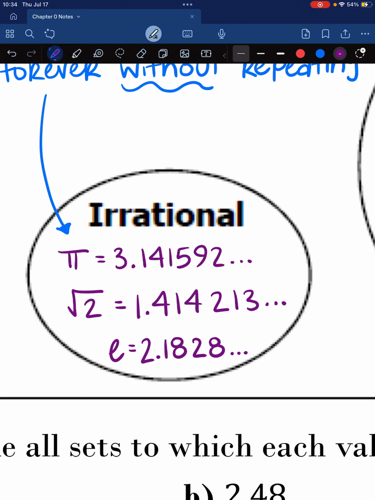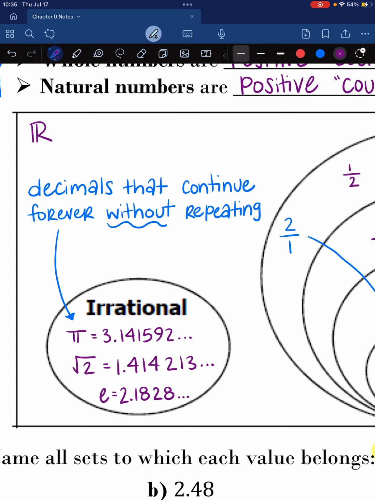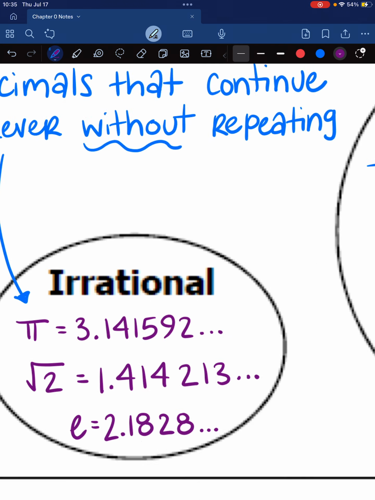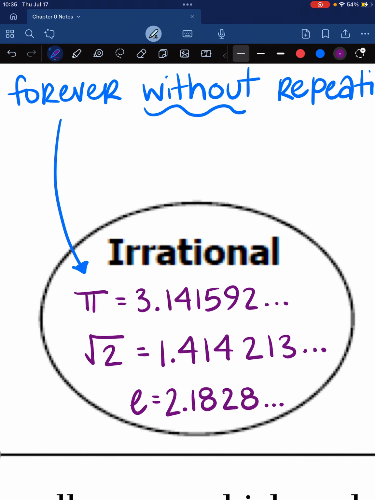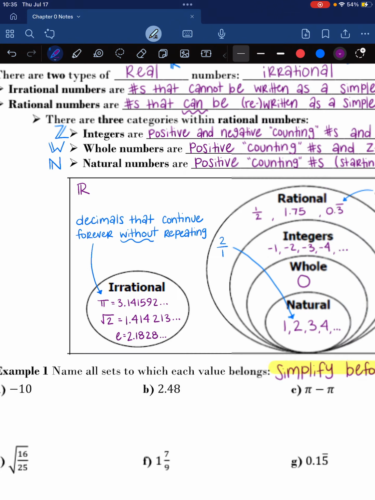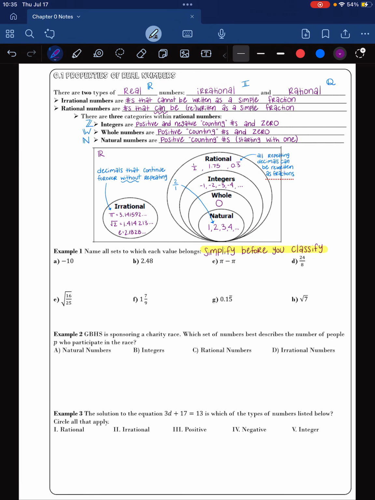We need something else to write them more simply. Or sometimes we're just stuck with the square root of 2 and we can't simplify that anymore. Another way to word it is that irrational numbers are always a decimal that continues on forever without repeating. Individual digits may repeat, like you can see the 1 repeats in pi, but the pattern of numbers doesn't repeat.